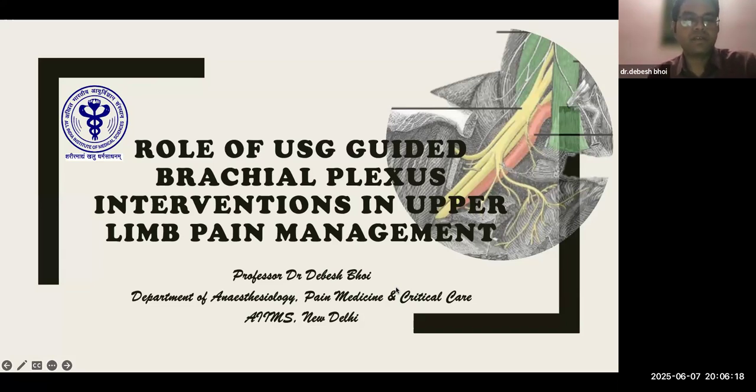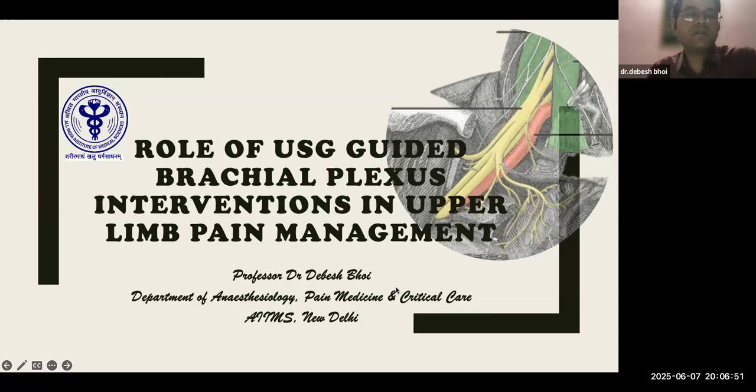One is the technical part, how we identify things while covering the ultrasound-guided brachial plexus elements. The other is the evidence, what exactly is in the literature for this specific element of the brachial plexus in upper limb pain management.